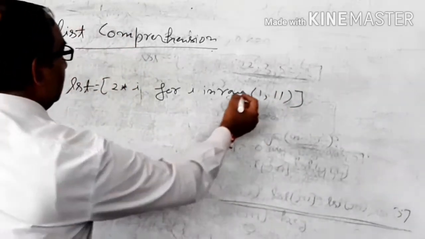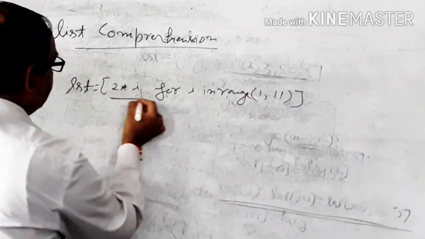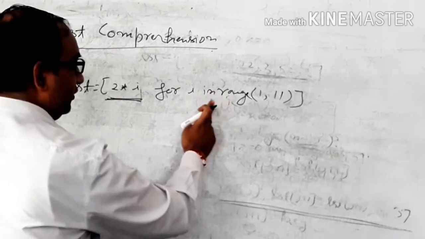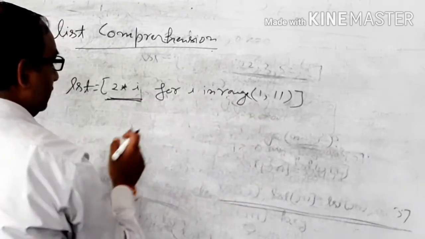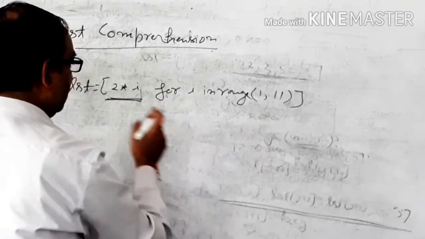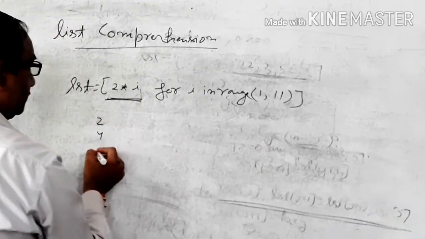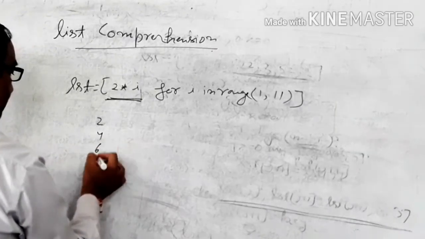So in range, what's going on? This is 2 multiplied by I. 2 multiplied by I contains the 1, so 2. Again, 2 into 2 is 4. It means 2, 4, 6, 8.